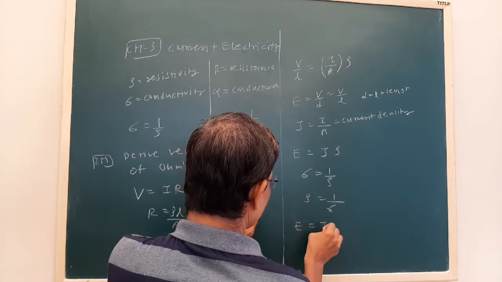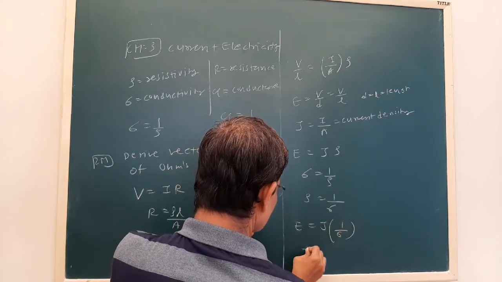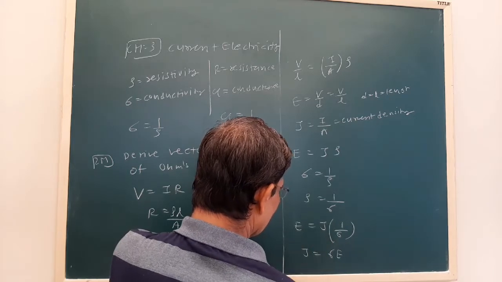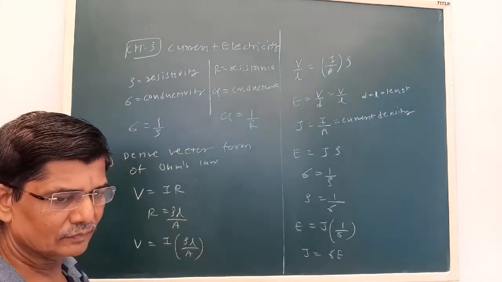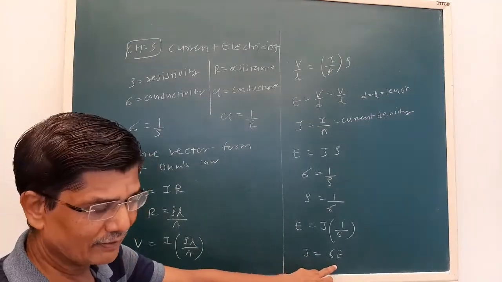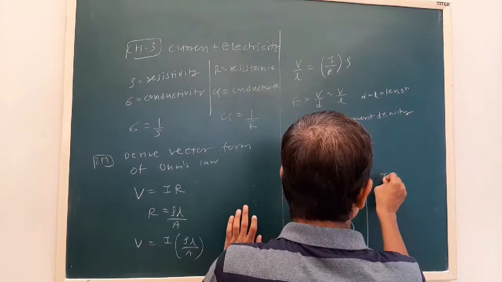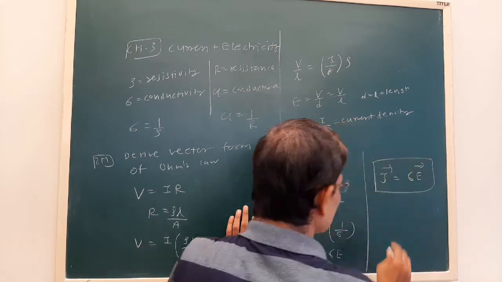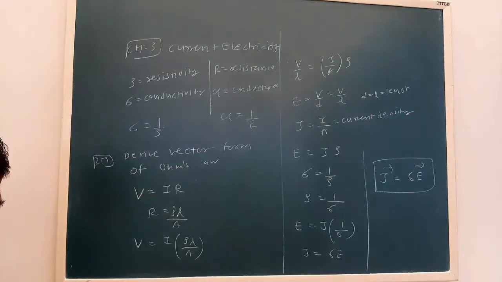E is equal to J into 1 upon sigma. J is equal to sigma E. Now current density is a vector quantity, electric field is also a vector quantity, so J is equal to sigma E is the vector form of Ohm's law.